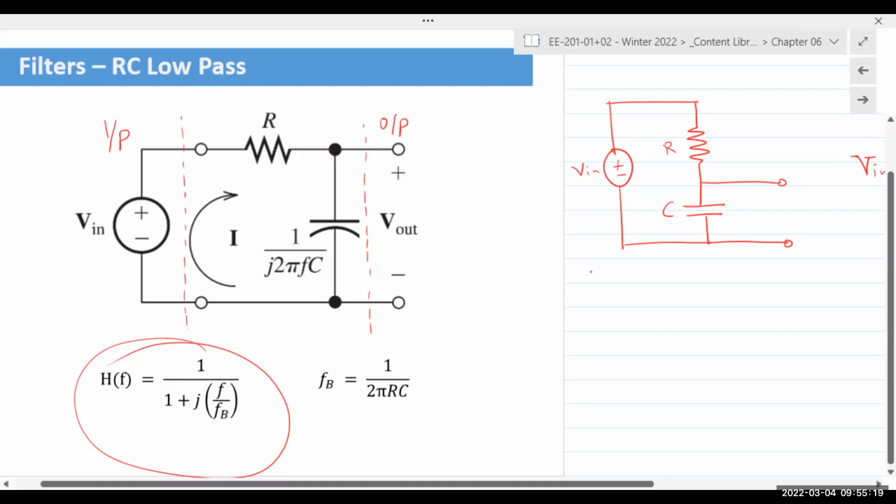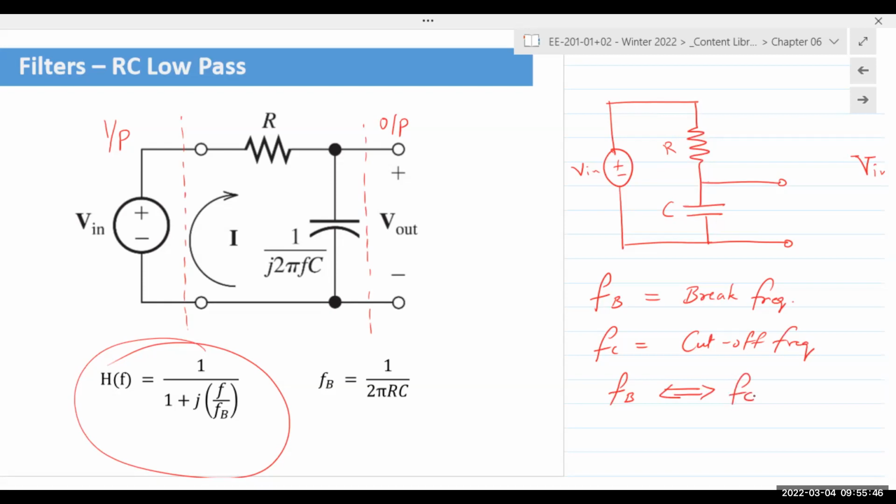The B stands for break. So FB is break frequency, FC is cutoff frequency, and they are synonyms of each other. They mean the exact same thing. Mathematically, FB is described as 1 over 2 pi RC.